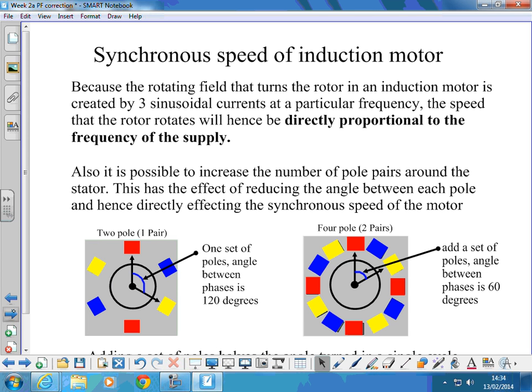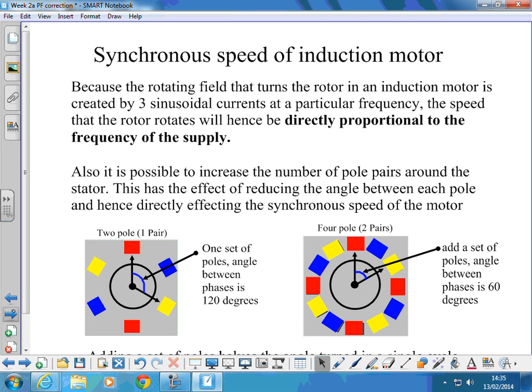Also, it's possible to increase the number of pole pairs around the stator. What that has the effect of is changing the angle at which it moves for each cycle of the mains. So over here on the left, we've got our 2-pole motor that we just discussed. It's got 1-pole pair. In one cycle, that would step round 1 full 360 degrees.